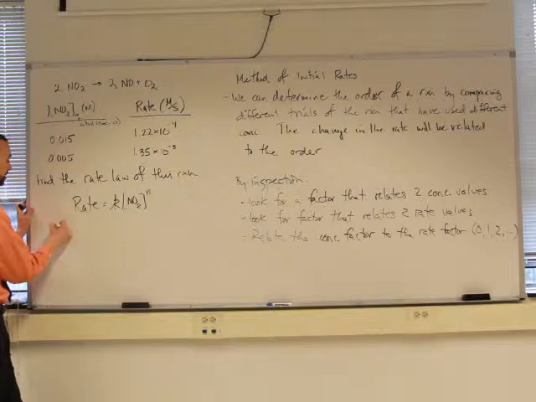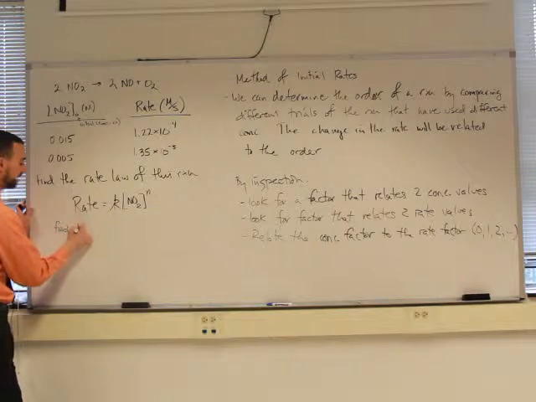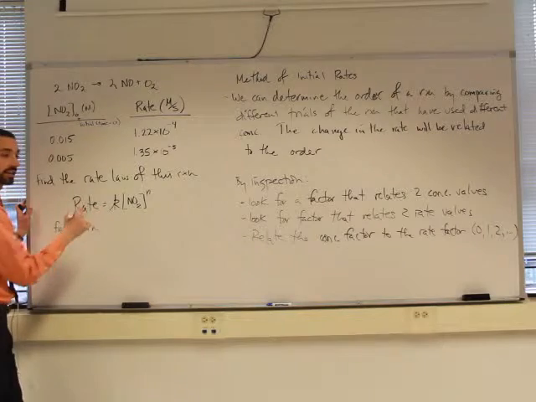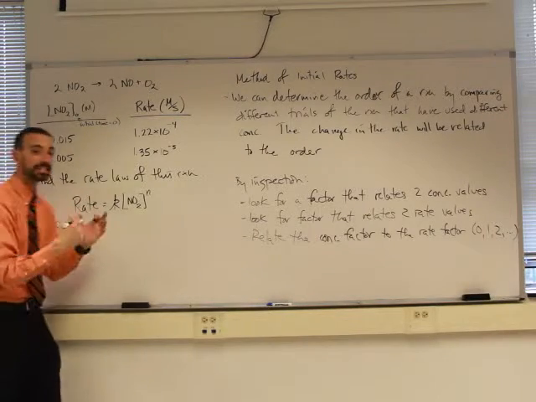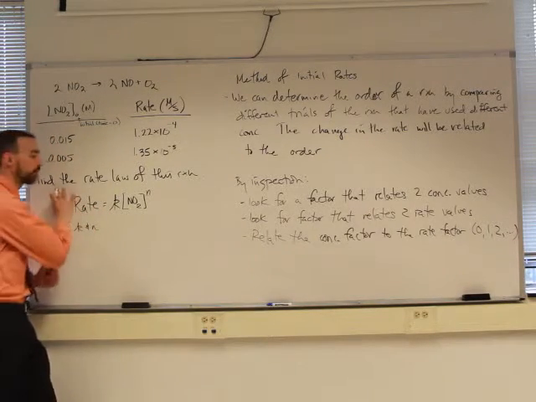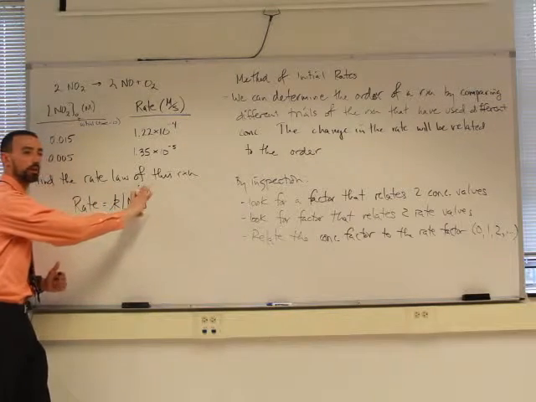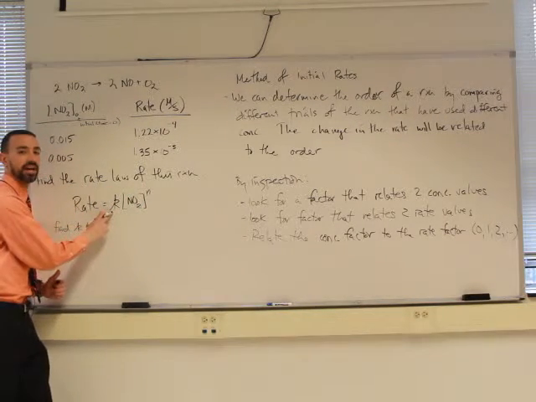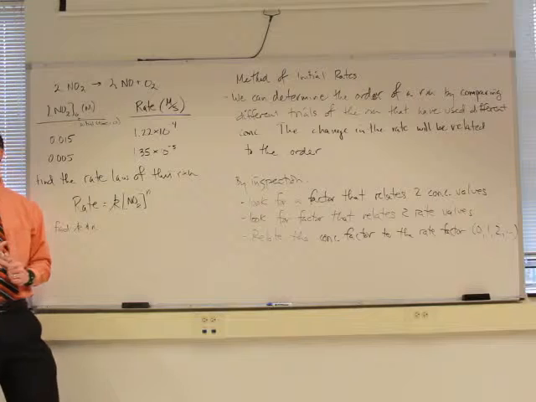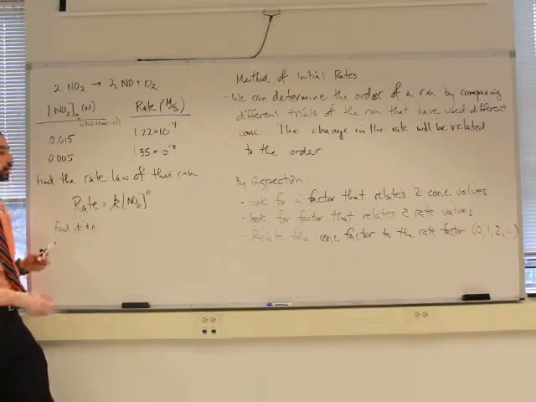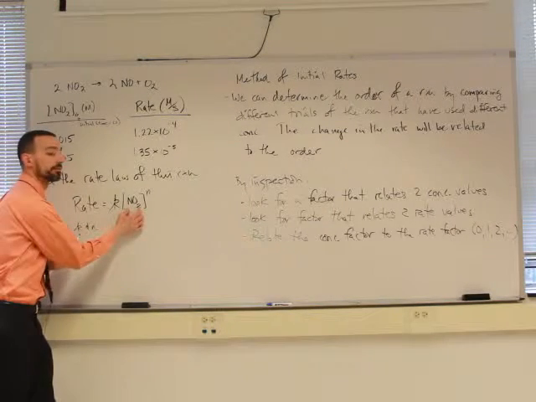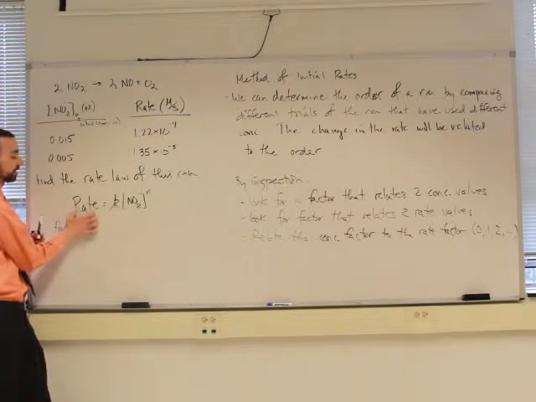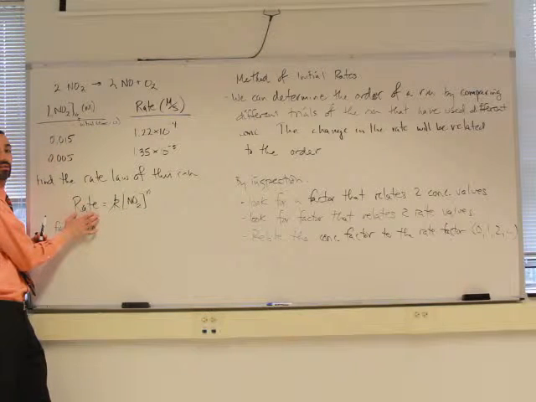So what we really need to do is find K and N. And we'll end this problem by rewriting this generic form with a number here for K and a number up there for N, such that you could plug in any number you want here and it would tell you what number you have here. Okay?